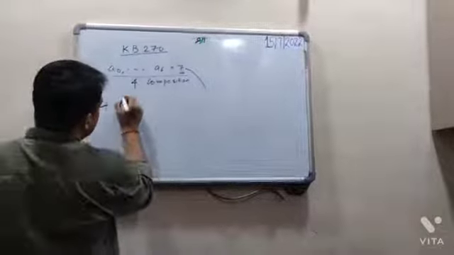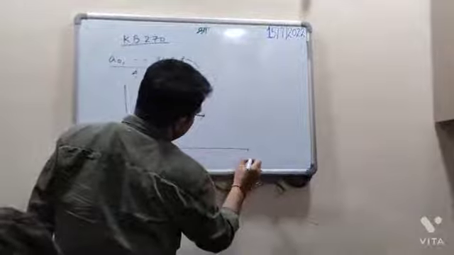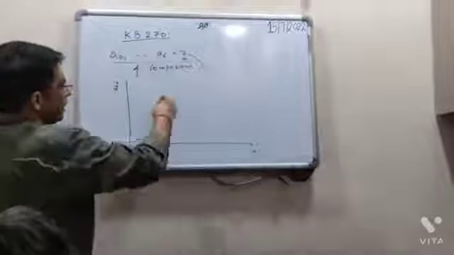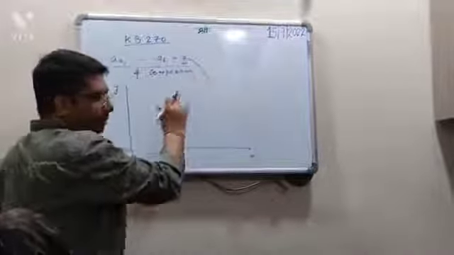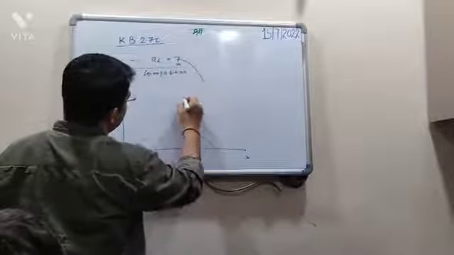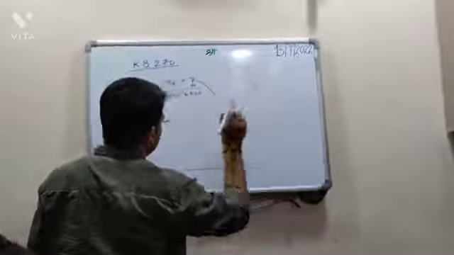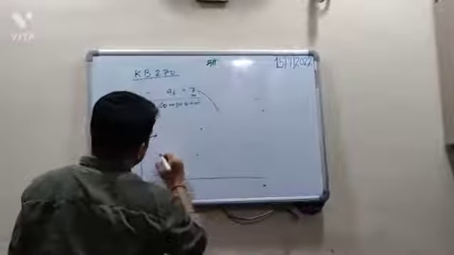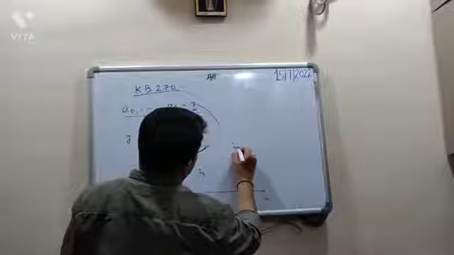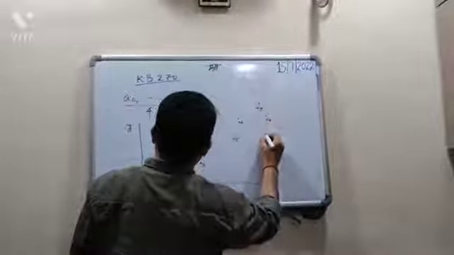Let me represent V1 to V9 on an XY plane, with X and Y axes. I'm just assuming the points V1, 2, 3, 4, 5, 6, 7, 8 and 9.